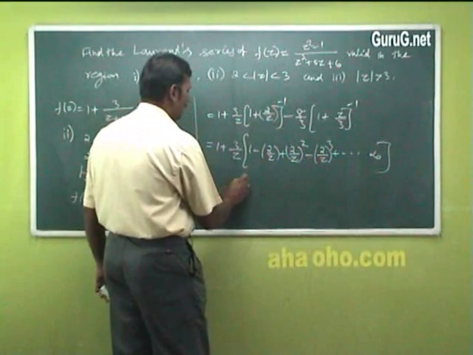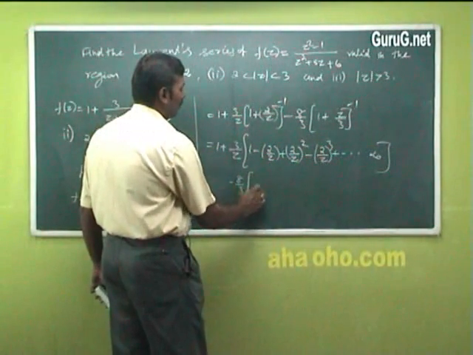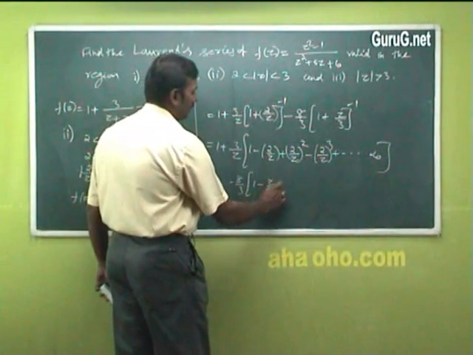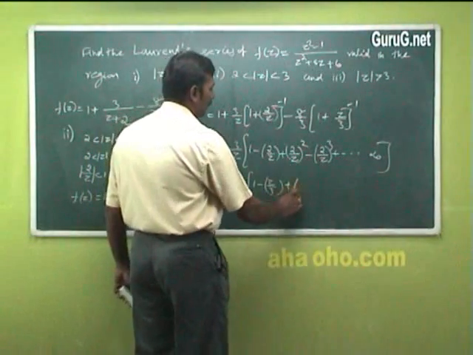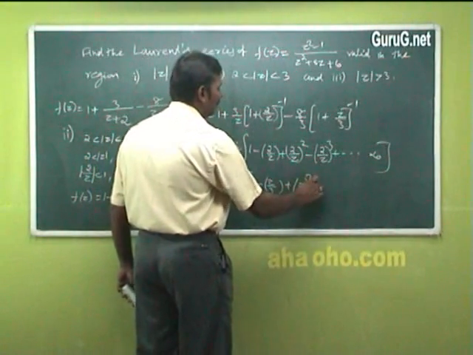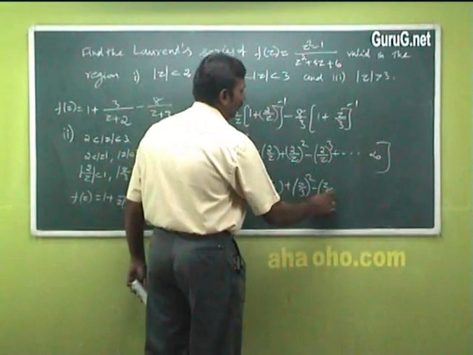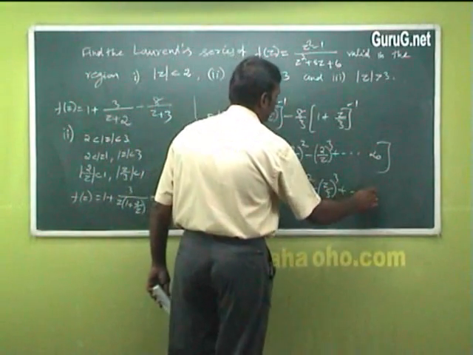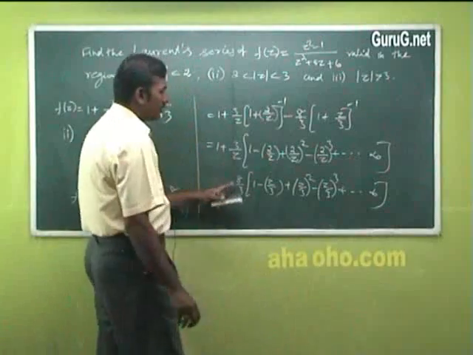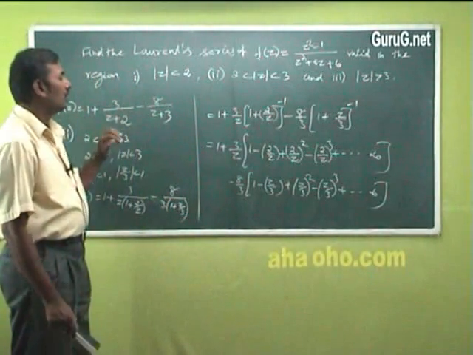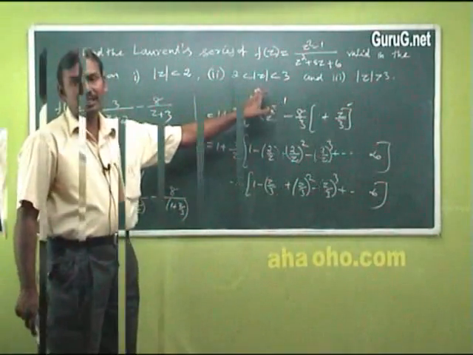Then minus 8 by 3 into 1 minus z by 3 plus z by 3 the whole square minus z by 3 the whole cube plus etc. to infinity. So this is the Laurent series of this function about this region, right?